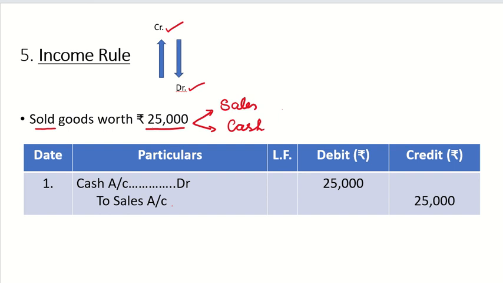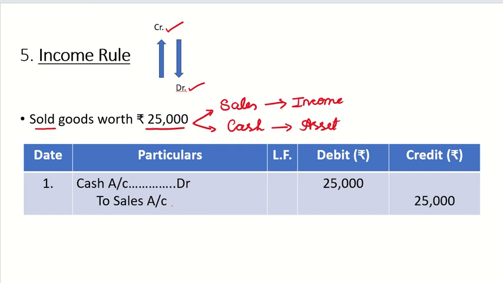Fine. So what is sales here? When we sell the goods, it's an income to the company. So here the income rule is being applied. And what is cash here? Cash is an asset. So here the asset rule is applied. Now see sales. When we are selling the goods, it's an income to the company.